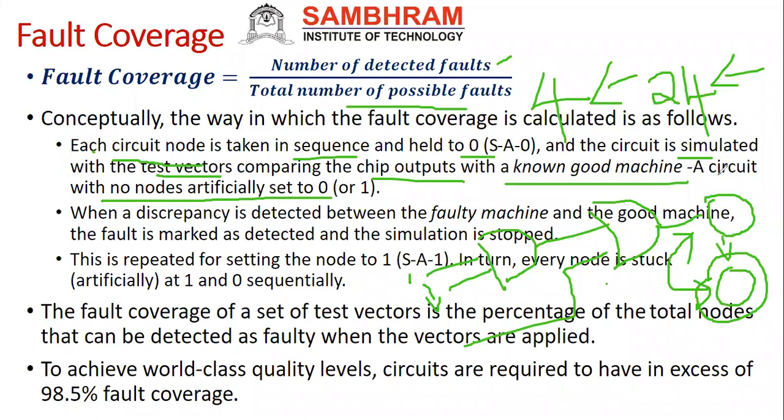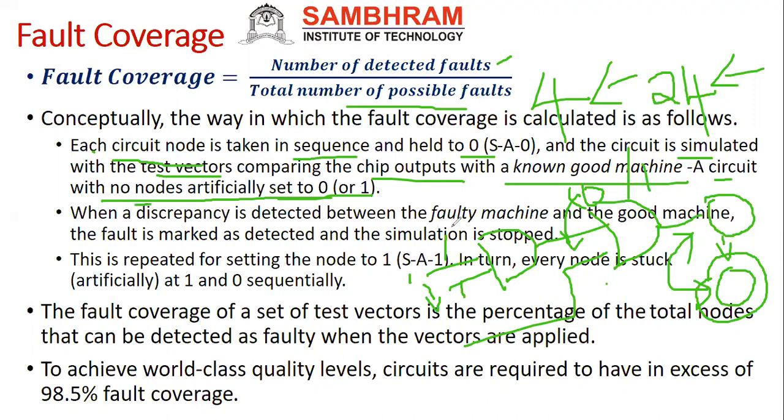A good machine means I'm not forcing any node artificially to 0 or 1. If I get the expected output without applying the artificial fault, then that kind of machine is called a good machine.